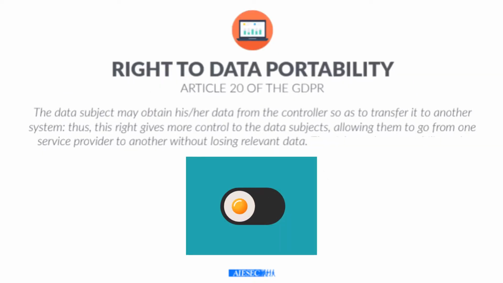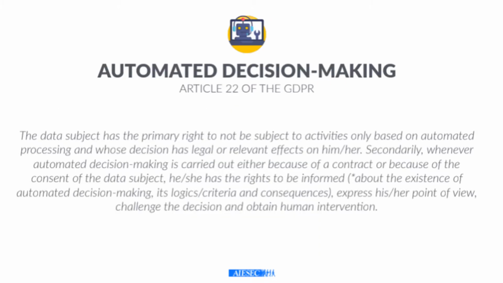Right to data portability. For example, you can create an AIESEC CV in AIESEC.org. If our EPs do that, they have a right to download the CV with their own data and use it for other purposes. Automated decision making.